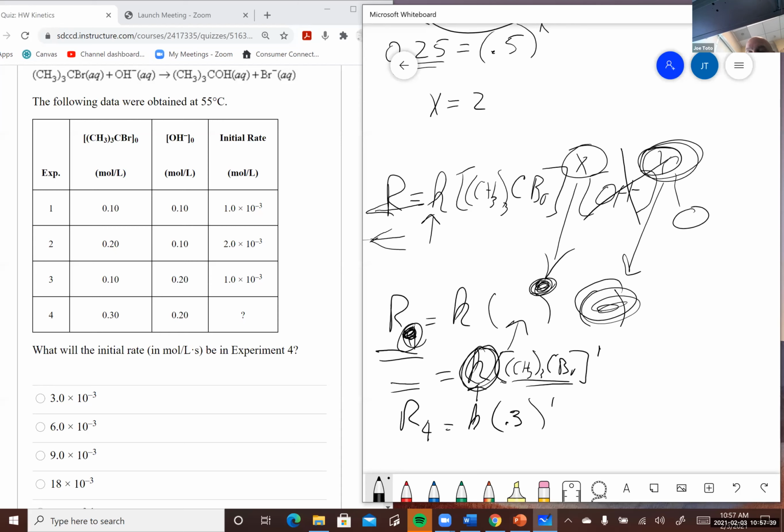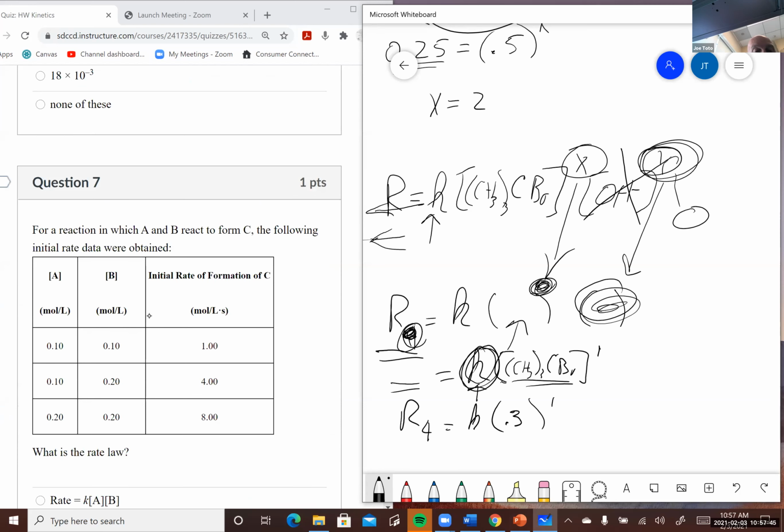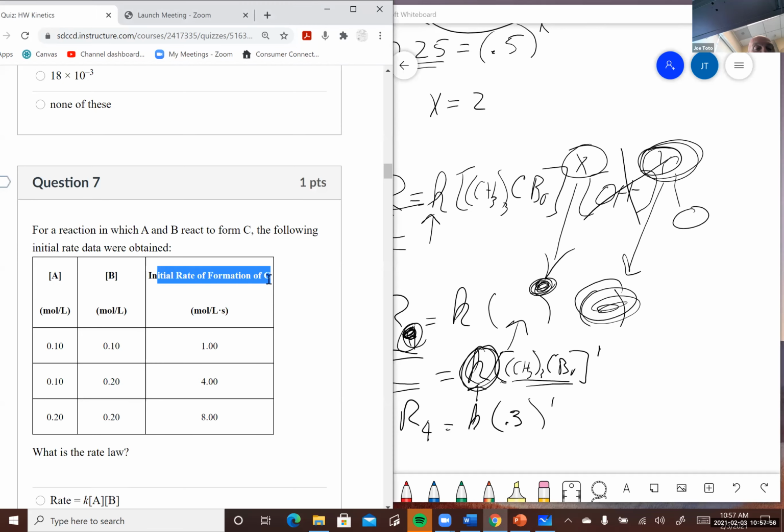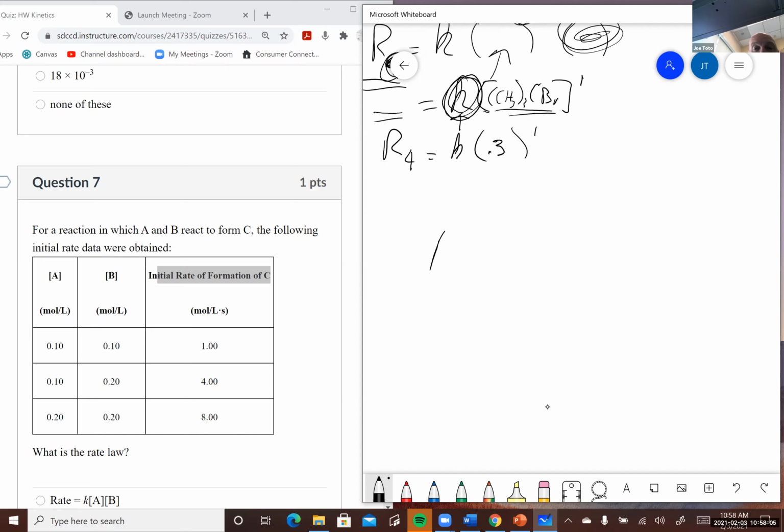All right, any other questions on that one? Okay, let's see, anything here. For a reaction in which A and B react to form C, they give you an initial rate of formation of C. They don't give you the overall rate, but that's okay, because A plus B goes to C, and these are all stoichiometric coefficients of 1, so the rate equals the change in the concentration of C over the change in time.